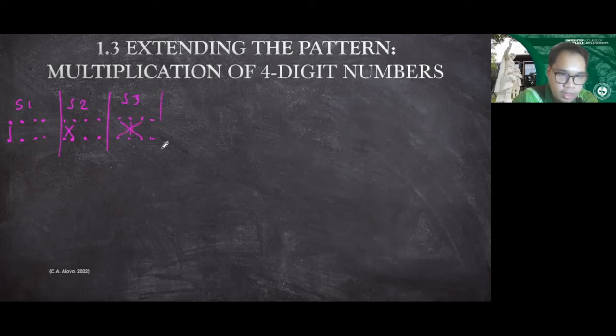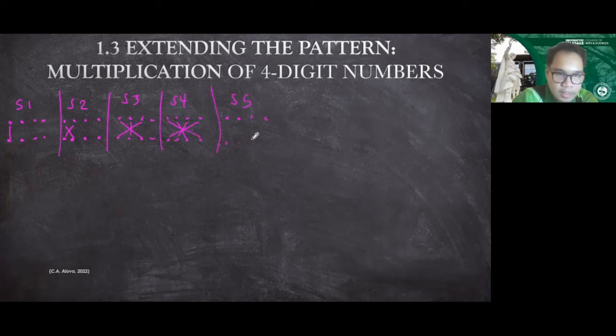That's our step three. Step four is where it's going to be quite interesting because it involves all the digits in the two numbers: thousands to ones, hundreds to tens, tens to hundreds, and ones to thousands. That's your step four.